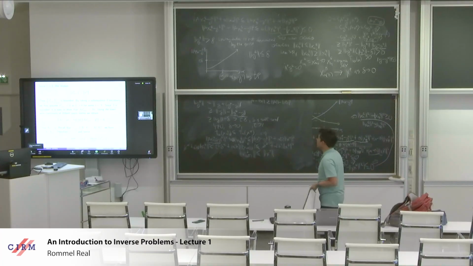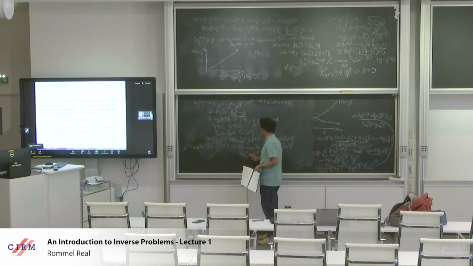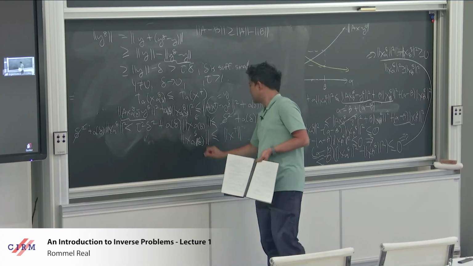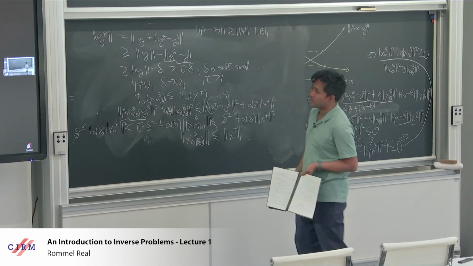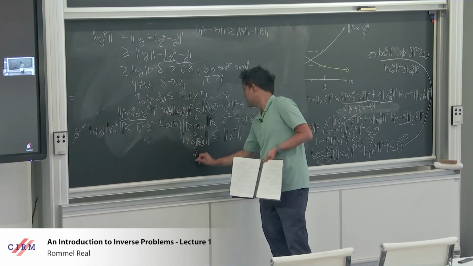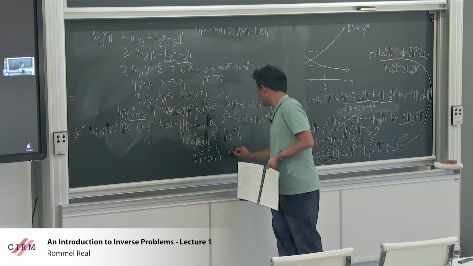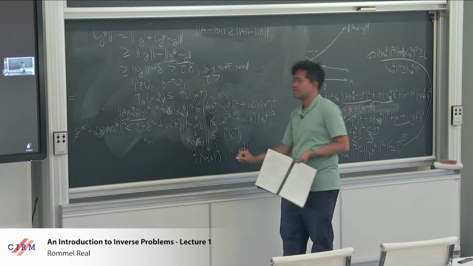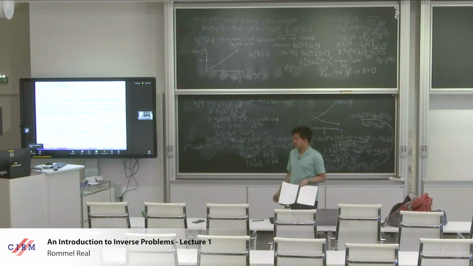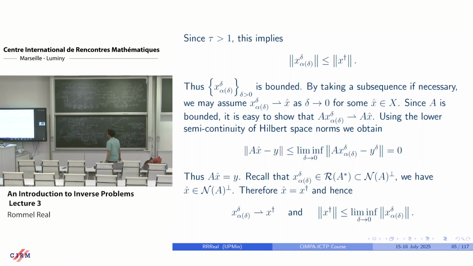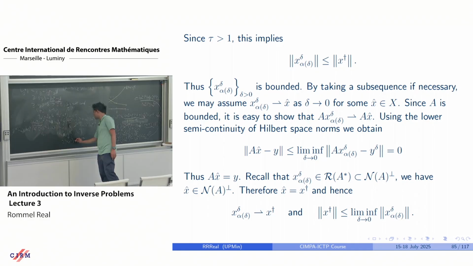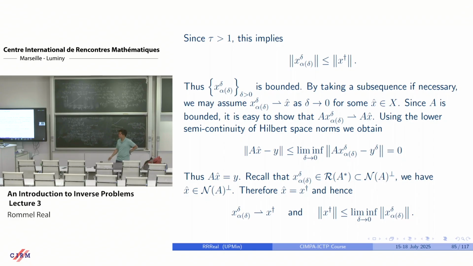Now, what does this mean? It means that this sequence of regularized solutions is bounded. And from analysis, note we take a sequence for positive values of delta, and we consider all the regularized solutions as delta gets close to 0.